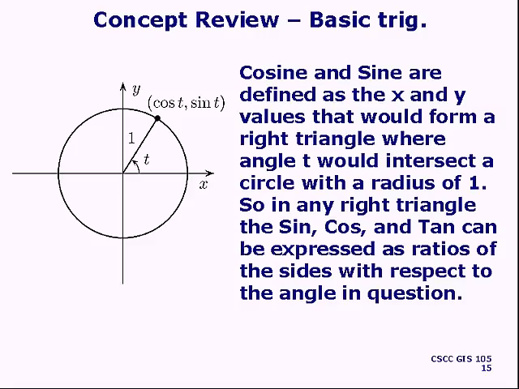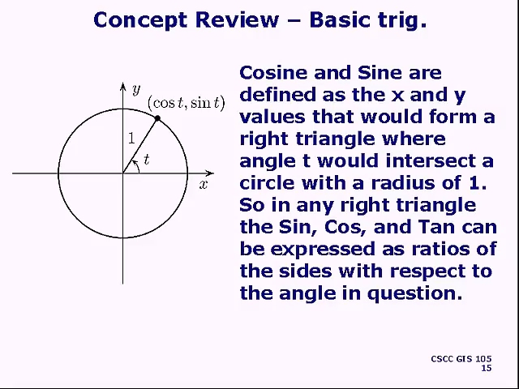So from angle T, you go out, you intersect the unit circle. The X value of that point is the cosine. The Y value of that point is the sine. So what that means is that the sine, cosine, and tangent can actually be expressed as ratios of the sides with respect to the angle in question.